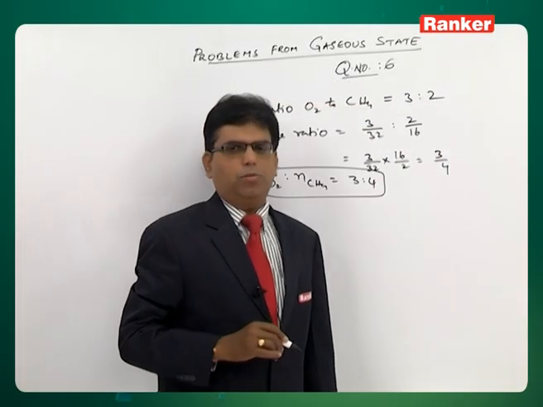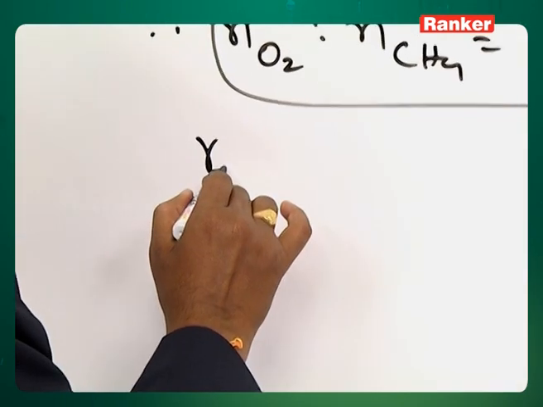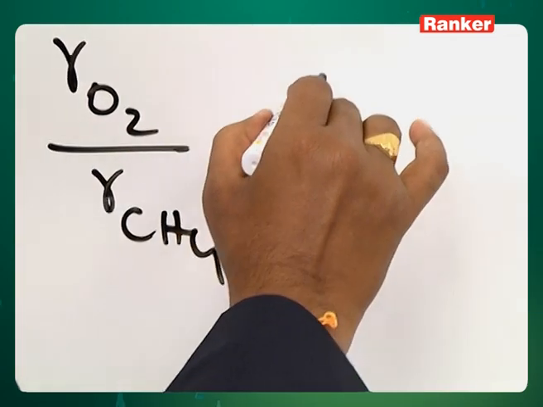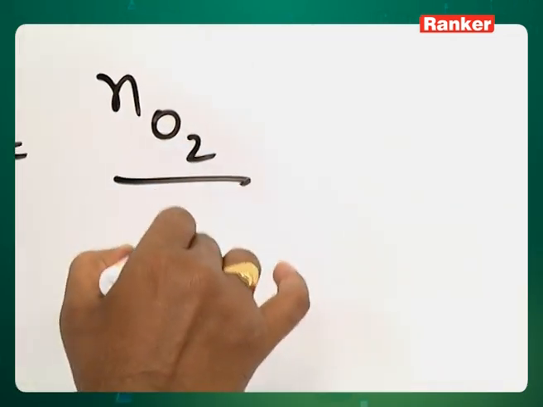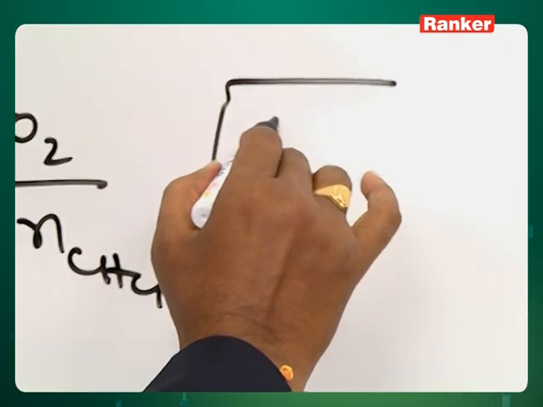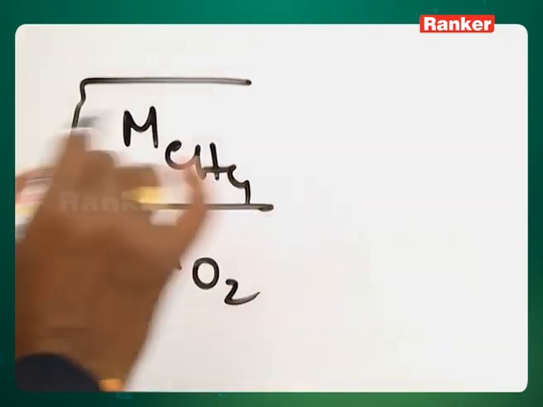Now, from this mole ratio, what we have to calculate is the relative rates of effusion. Relative rate of effusion, R of oxygen by R of methane, is equal to N of oxygen by N of methane into root over molecular weight of methane by molecular weight of oxygen.